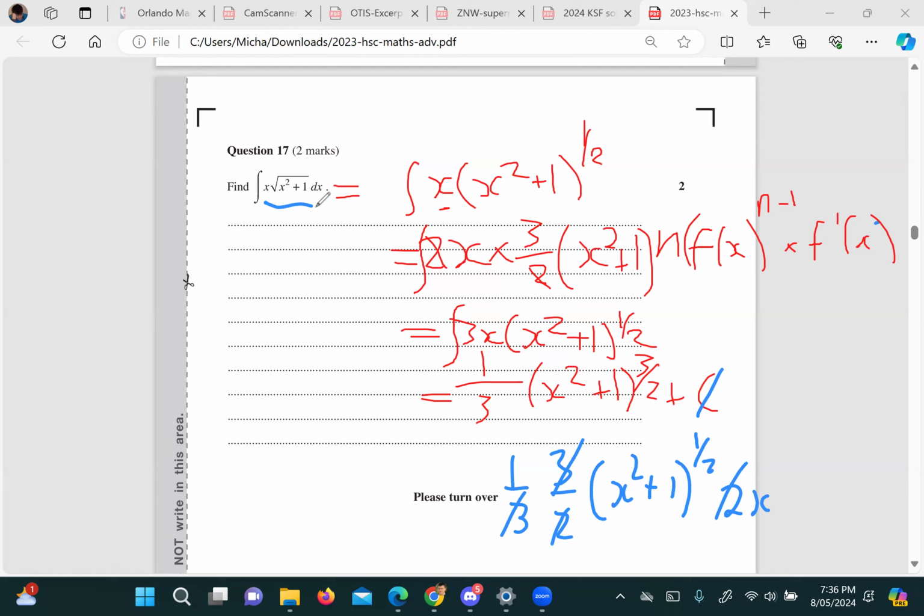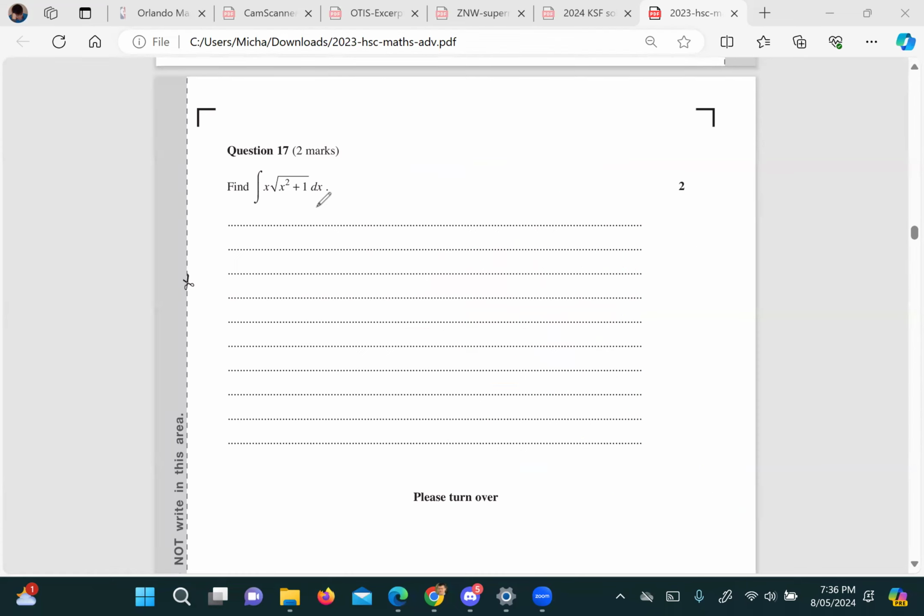So I think in principle, you could just write the answer and then show the derivative was that. This gives me flashbacks. Maybe a disclaimer: I never actually did the 2-unit HSC. I did the extension 2, and this kind of question was on the extension 2.